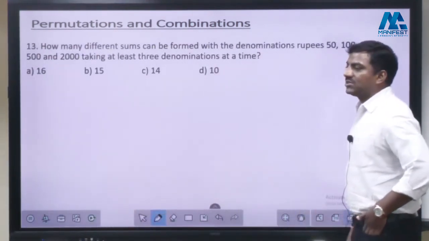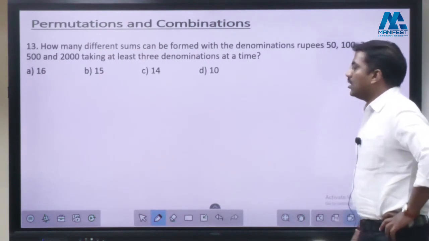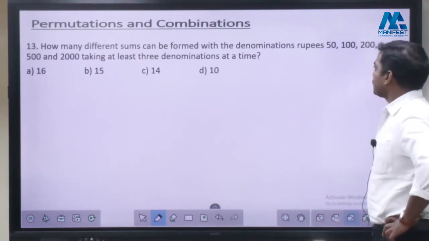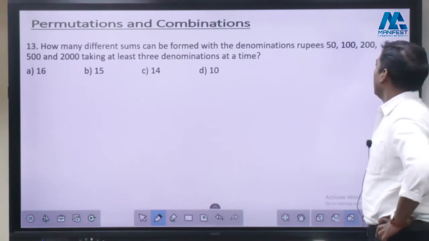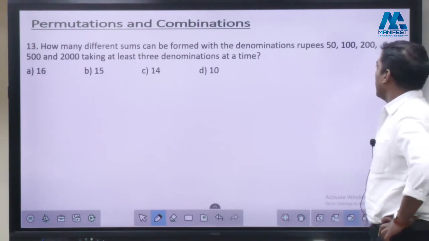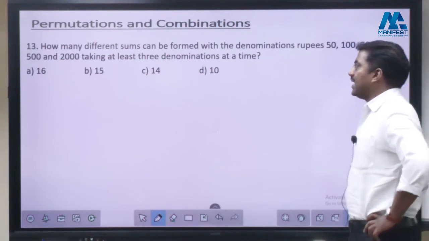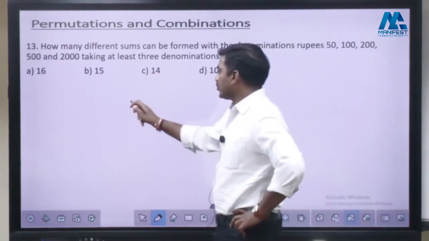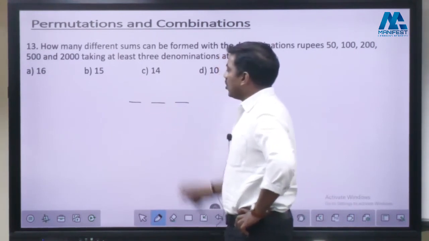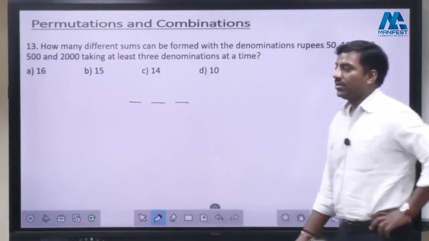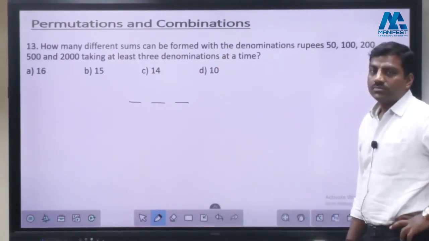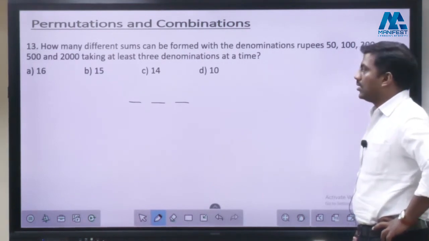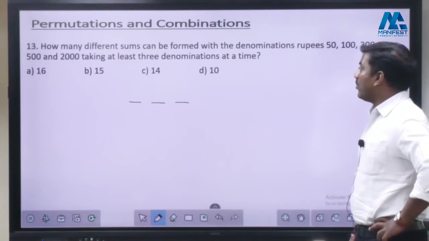How many different sums can be formed with the denominations of rupees 50, 100, 200, 500 and 2000, taking at least 3 denominations at a time?